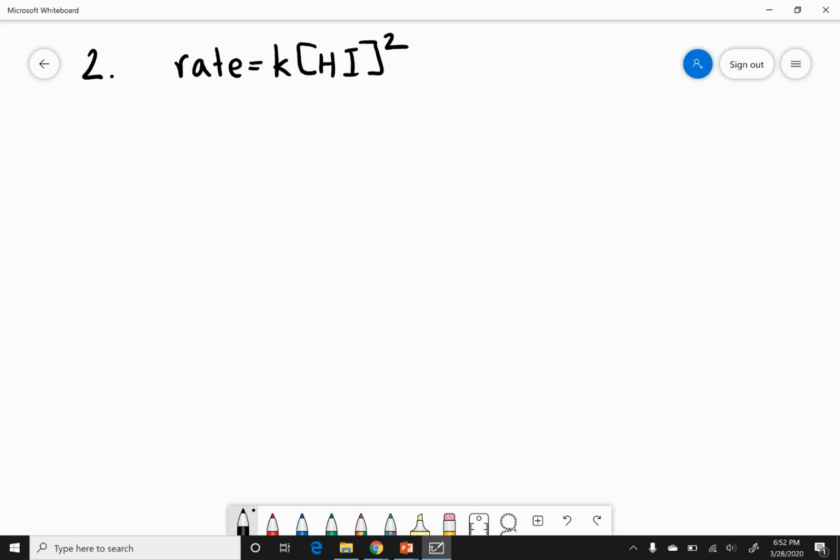So I can pick either experiment 1 or experiment 2 and plug in the values. So what I'm going to do right now is plug in the values for experiment 1. Okay, so if I put in the values for experiment 1, what I get is 0.003 equals k, and this is 0.01, and I know that this is to the second power. Now, what I can do is rearrange this.